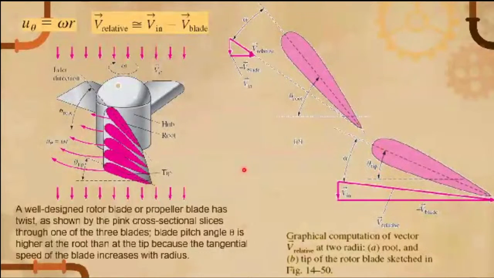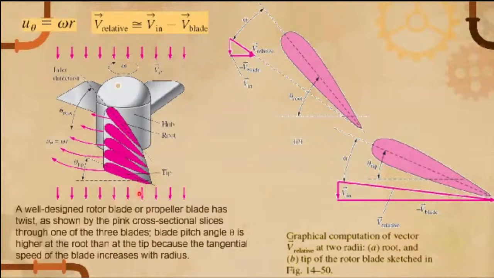There's a reason for it. If you have a good design, you will have a different angle between the root angle and the tip angle. This is because the speed is different. I'm not saying that the rotational speed is different. The rotational speed is always the same, because you have the RPM, which stays the same from the root to the tip.